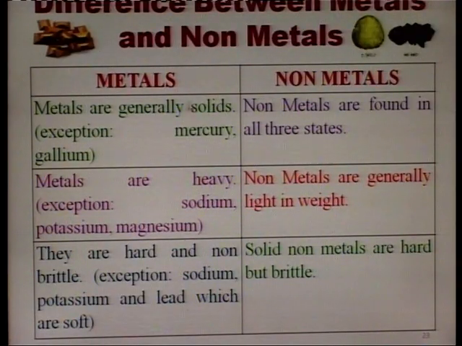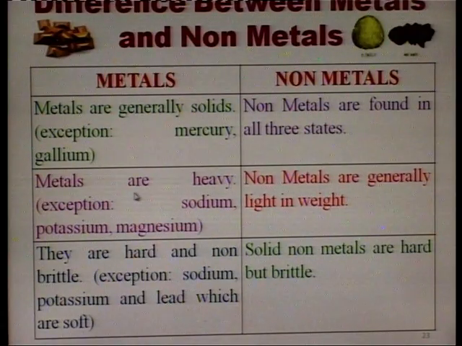Difference between metals and non-metals. First point, metals are generally solids except mercury and gallium.